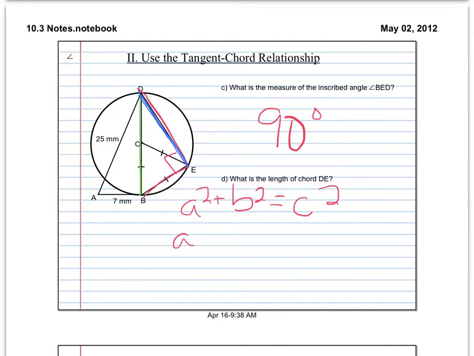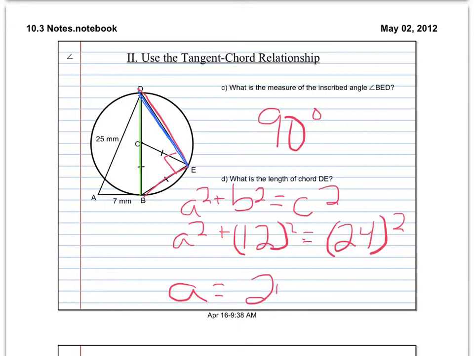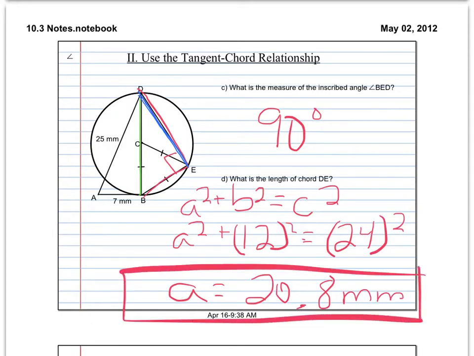Looking for A, the base was 12 millimeters. The hypotenuse is 24 millimeters. Square them, subtract 144, find the square root. A will be 20.8 millimeters. Done.